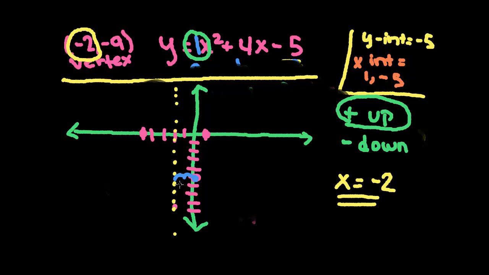So we can create a point that's going to match it using symmetry by doing 2 additional bunny hops, 1, 2, right here. So that helps us create a smoother looking graph to make sure we're going through the right points. So we have this, we have that, we have this one here.